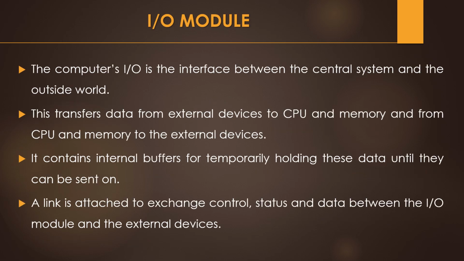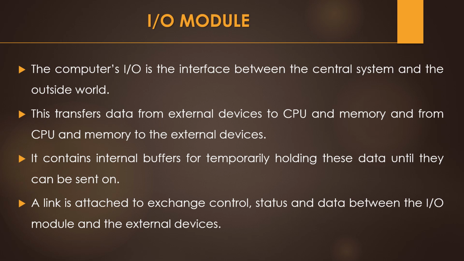I/O module. The computer's input-output module is the interface between the central system and the outside world. The input and output devices, such as the keyboard, mouse, pen drives, and printers, are connected, and the I/O module acts as the interface between the central system, that is the CPU, and the outside world.